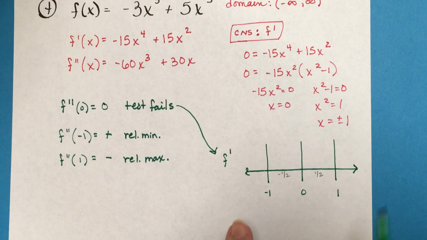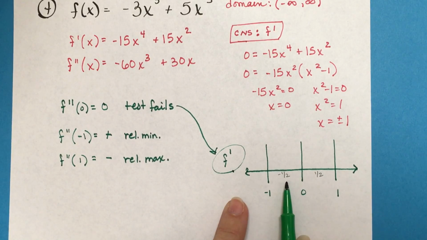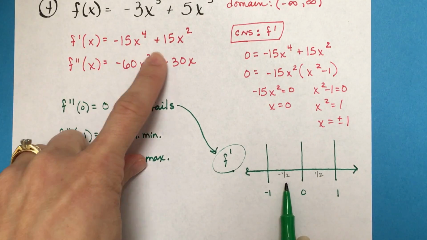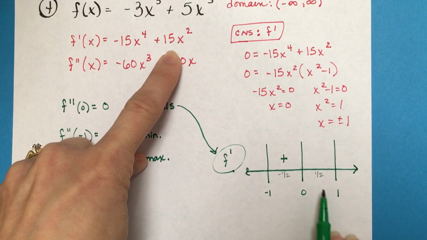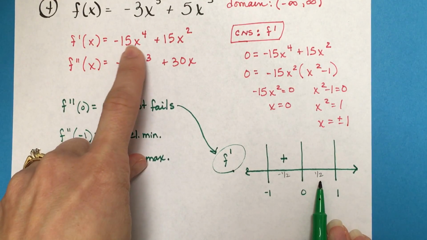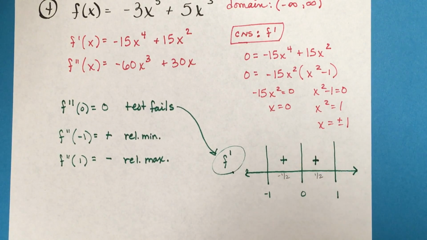Okay, remember, this is the first derivative. So you need to substitute -1/2 into your first derivative. That's going to give you something that's positive. Then you're going to substitute +1/2 into the first derivative. That's actually going to give you something that's positive. Now, remember what we learned from the first derivative was increasing and decreasing.